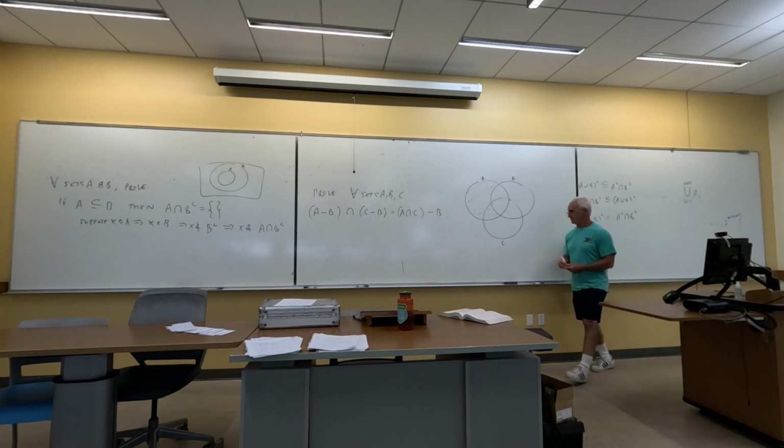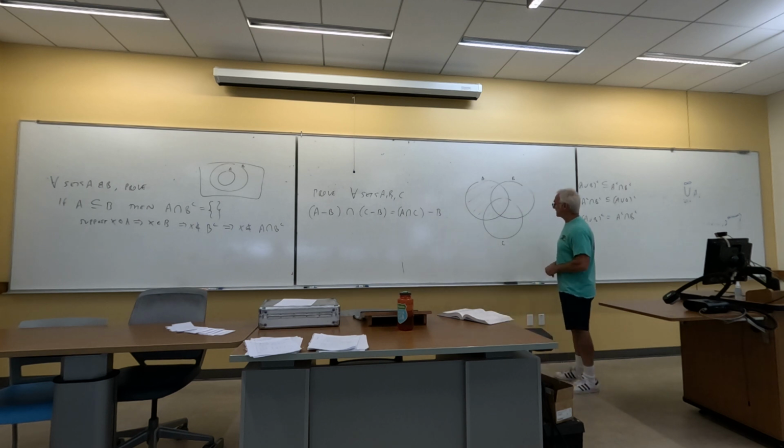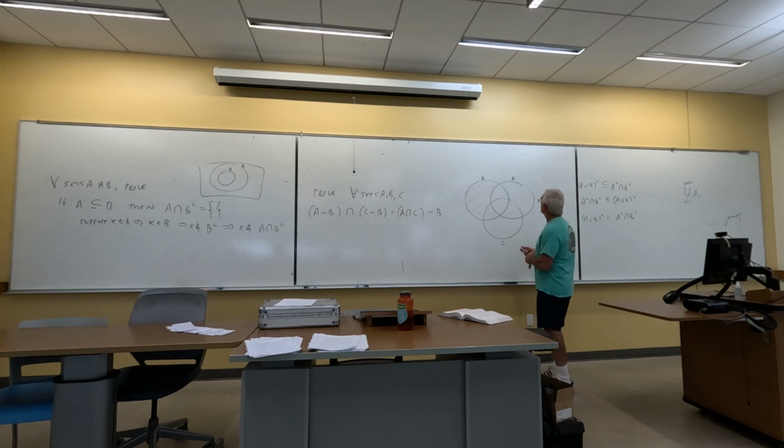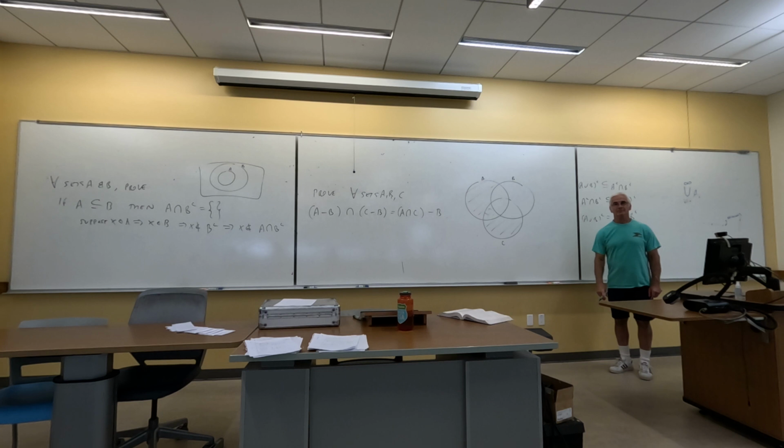And what's the second one? C minus B. What's C minus B? It's a different one. Well, that's B, so it would be this. Everybody okay with that so far?